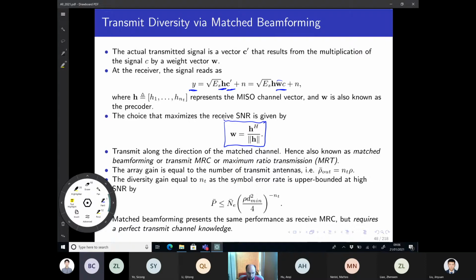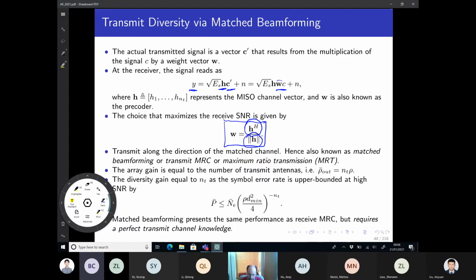So essentially, similar to the MRC, we have a precoder now that is a function of h, but we take the Hermitian of it, such that the transmit precoder essentially matches the wireless channel, the channel vector. And this was due to the normalization, the transmit power constraint, in order to keep the transmit power capped to a constant.